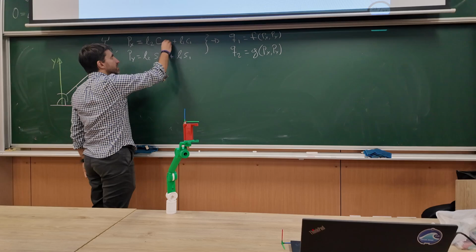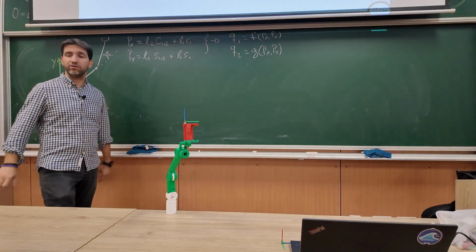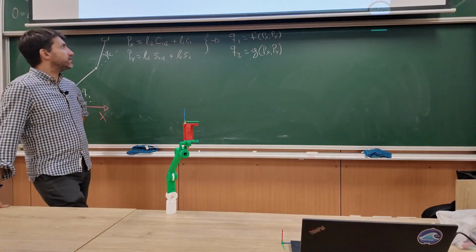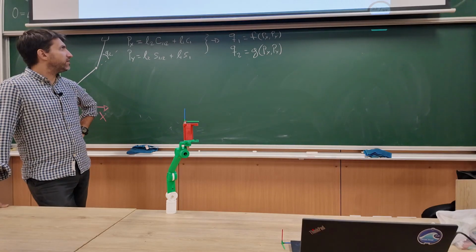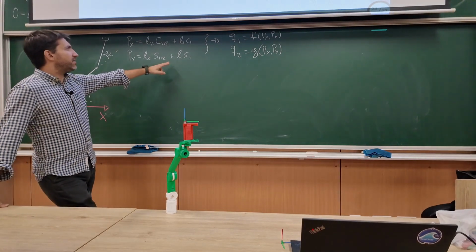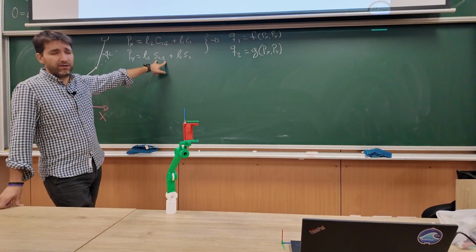I cannot do this. That would be nice. Sometimes in some robots we might get these nice easy relationships, but today is not the day. Same thing here. I have S1, I have S1 plus... q1 plus q2.